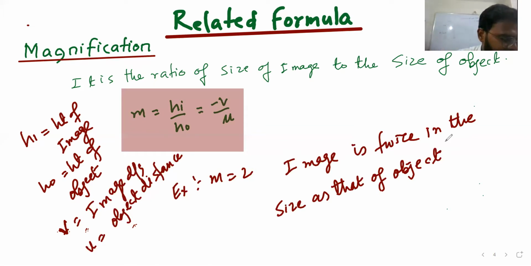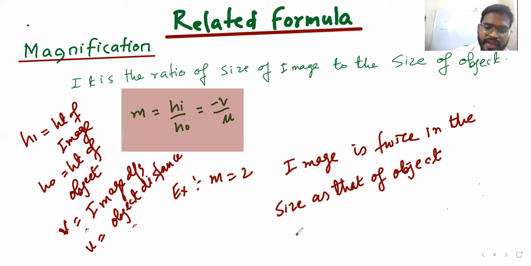We also see what it identifies when magnification is negative and when it is positive. If magnification is 2, we can say the image is twice the size of the object.